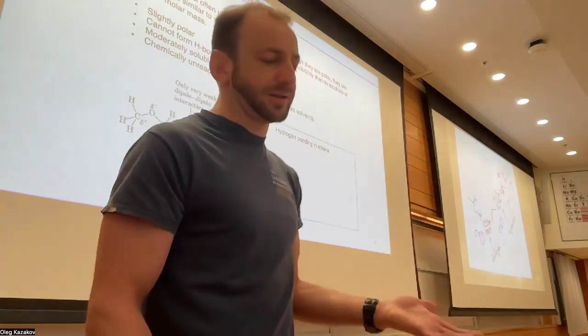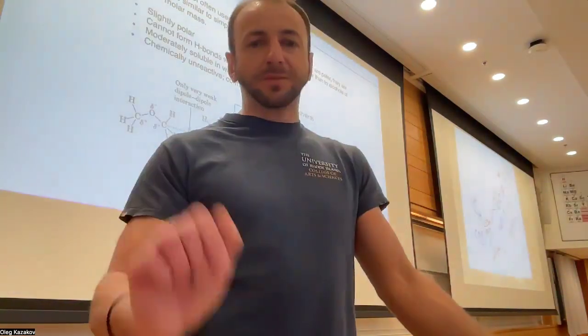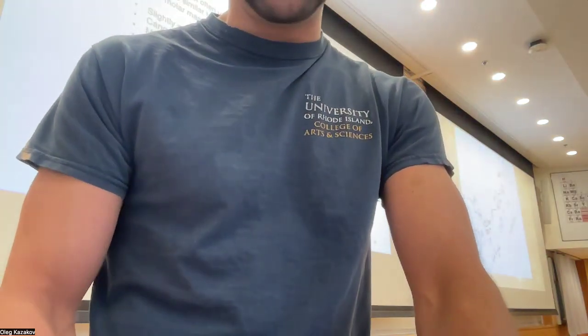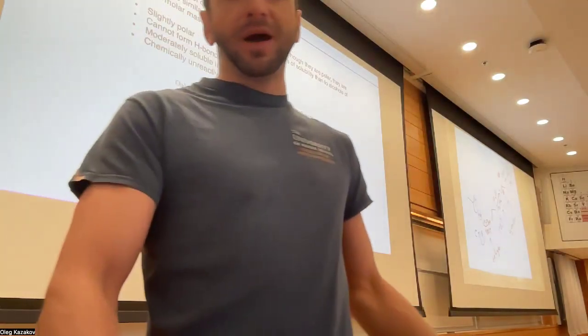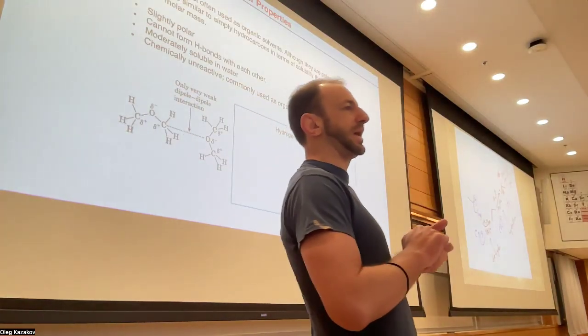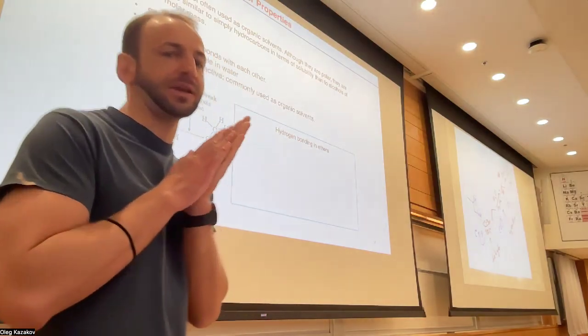Delta stands for partial, and plus or minus are the types of charges. So what is the GenChem reason that makes carbon delta plus and oxygen delta minus? Let's think about that. There's a question in the Google Classroom once again. What's the reason that they become delta plus and delta minus?